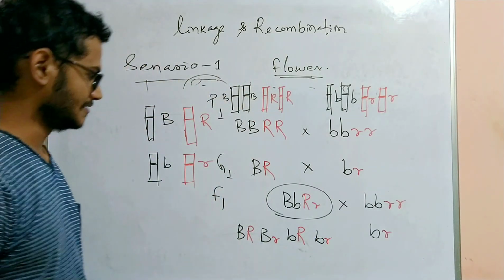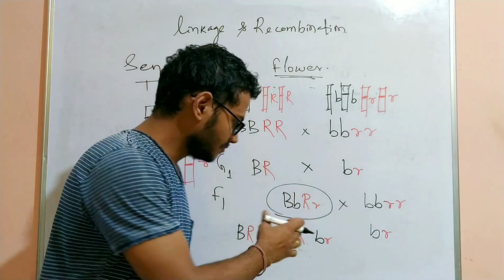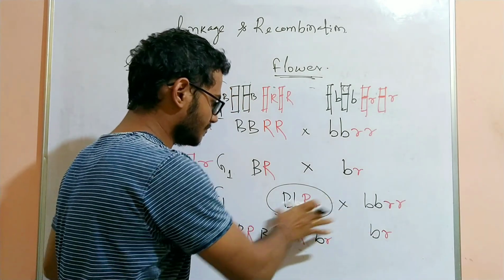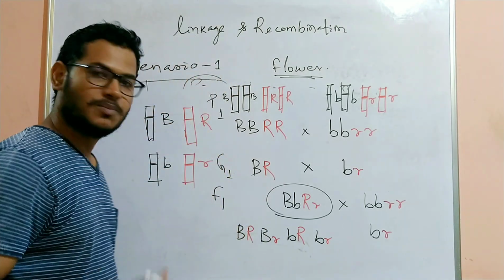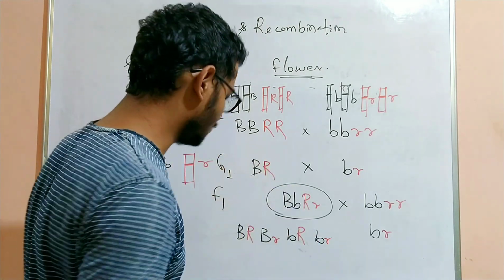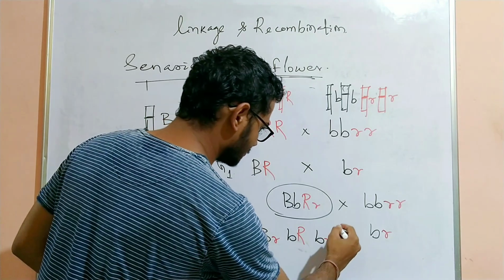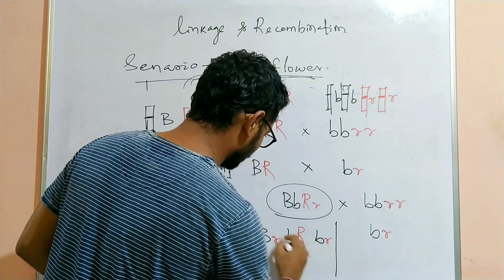So these are the possibilities. When we cross F1 and the double recessive, we will get 4 different varieties of plants.